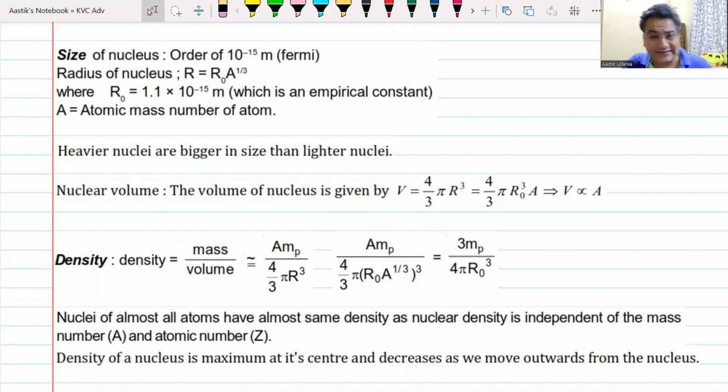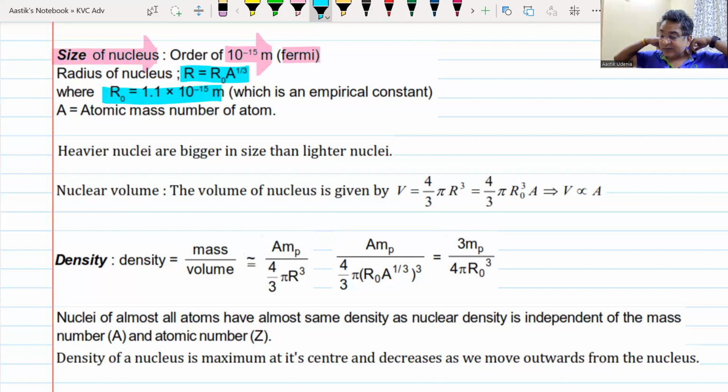Well, the next heading is the size of the nucleus. Now, the size of the nucleus is in the order of 10 raised to the power minus 15 meters, which is known as Fermi meter. Very small. Now, the radius of a nucleus is given by this formula: R is equal to R naught A raised to the power 1 by 3, where R naught is an empirical constant, and the value of R naught is 1.1 Fermi meter.